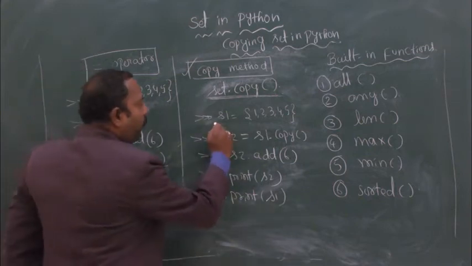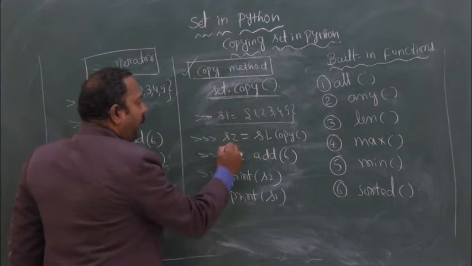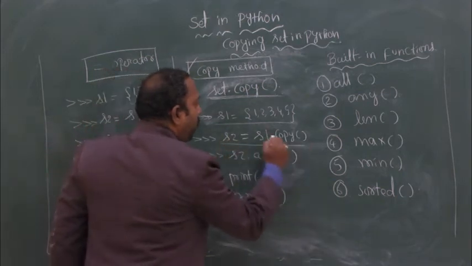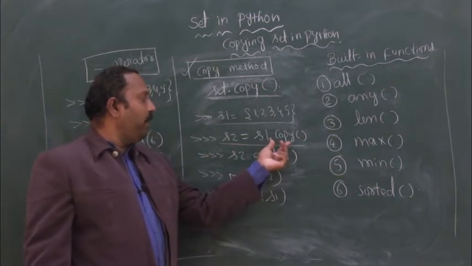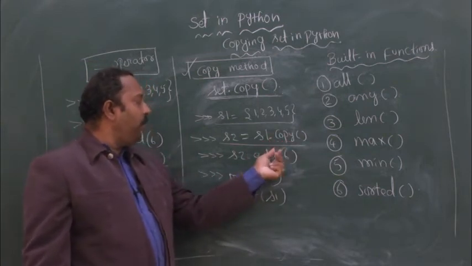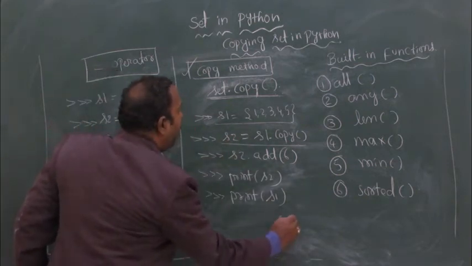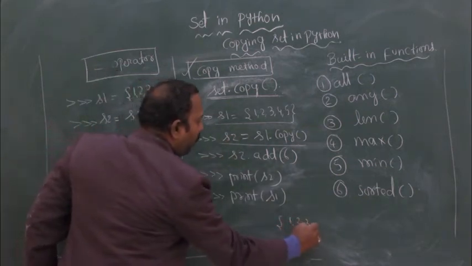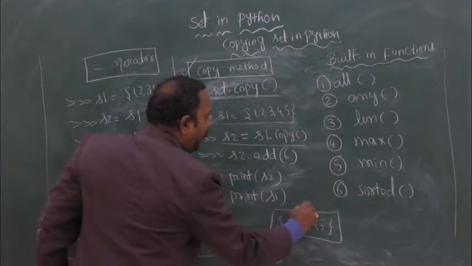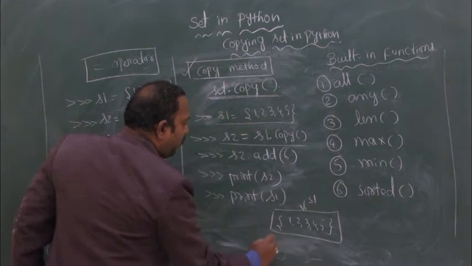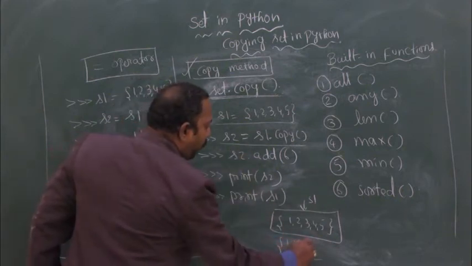Suppose I have taken S1 equal to 1, 2, 3, 4, 5. Now I have written S2 equal to S1.copy. That means whatever elements are in S1 will be copied to S2. S1 contains 1, 2, 3, 4, 5, and another set called S2 also consists of 5 elements, 1, 2, 3, 4, 5.